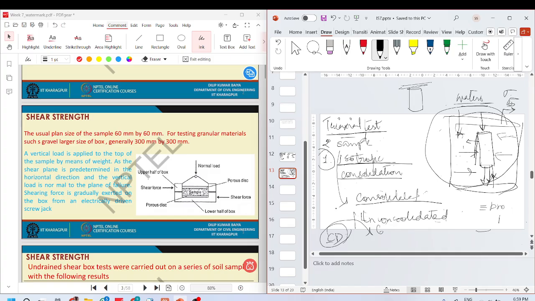In fact, for clays, you should know that this test is performed at saturated state. In triaxial testing apparatus there are some probes that can tell you if the material is saturated or not.